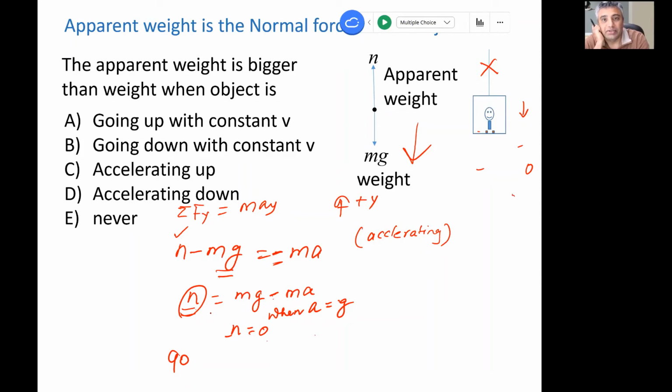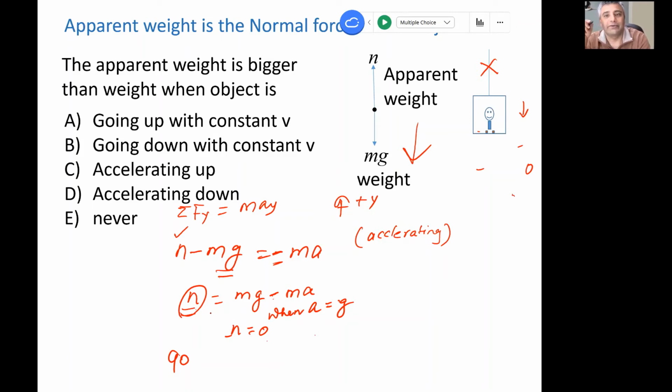That means your apparent weight is 0. You don't feel any weight. You become weightless. So that's why astronauts, for example, the people orbiting around the Earth on the International Space Station, are weightless. The station is orbiting around the Earth, but it is also falling down with acceleration equal to g, actually.